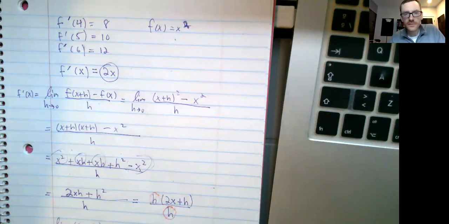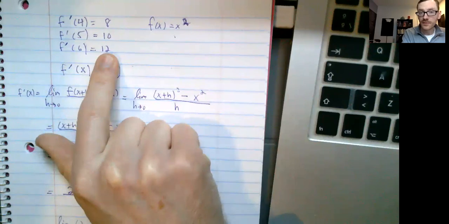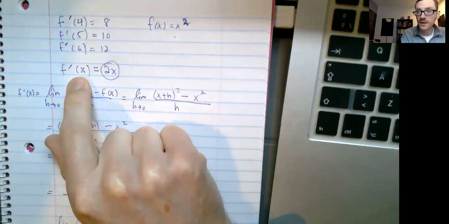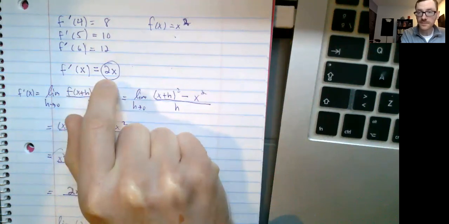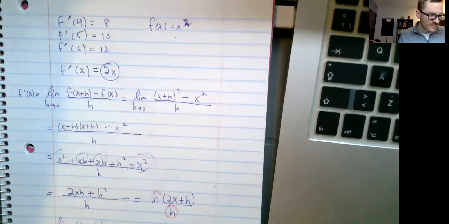So there's kind of a big difference between these two ideas, okay? You can take the derivative of a function at a point, like at a specific number. That's what we're doing here, and you're going to get a number. But if you take the derivative of the function, not at any specific point, but just at a general arbitrary x, then you get a function, okay? And this leads to the following idea.